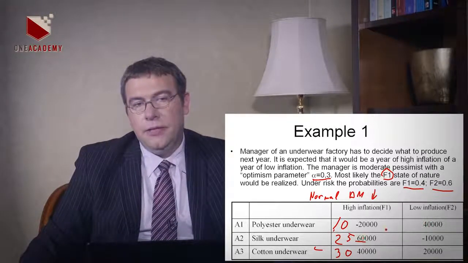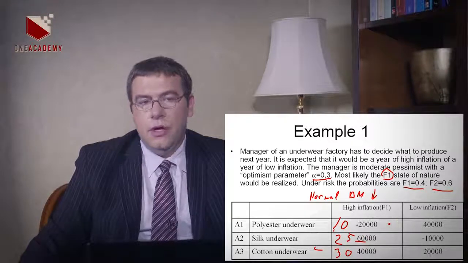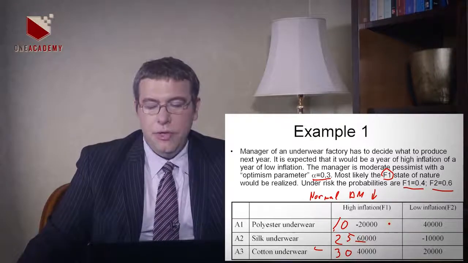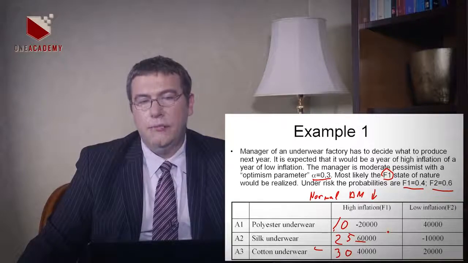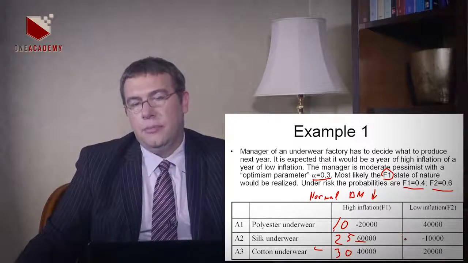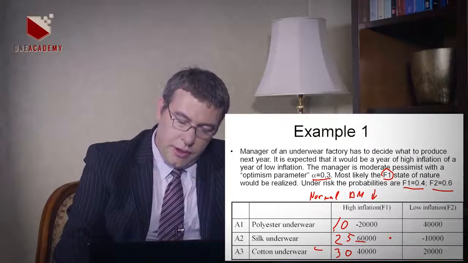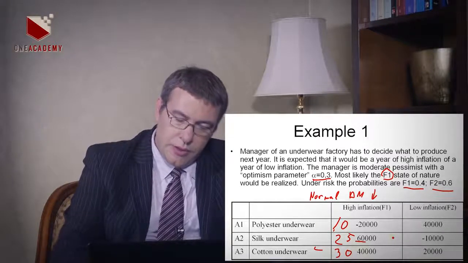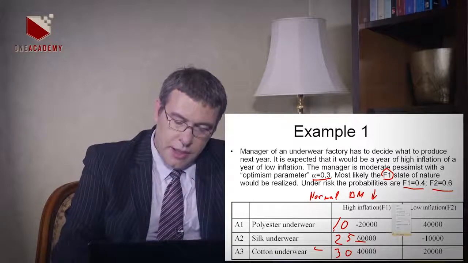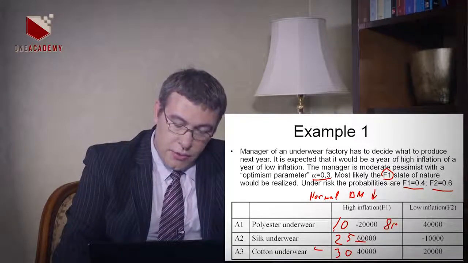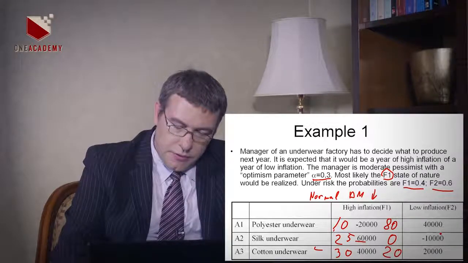And finally, the Savage decision rule. We go column by column, see where the best possible outcome is, and compare all the others to it. So the new decision matrix will have 80 here, 0 here, and 20 here.